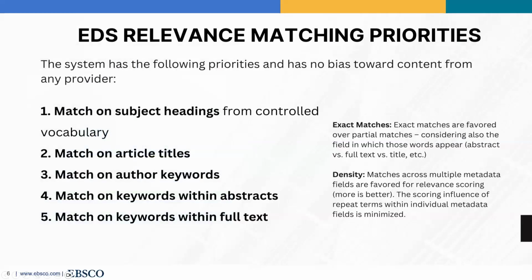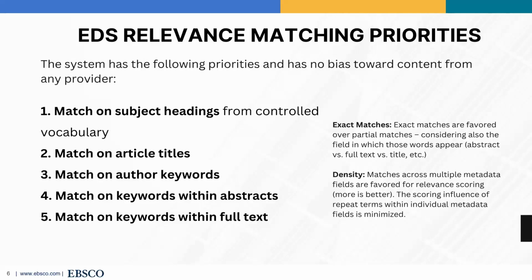One thing that sets EDS apart from other platforms or our competitors is a feature called relevance ranking. This feature runs an algorithm in the background, and this algorithm impacts how results appear on the first page of the EBSCO Discovery Service. The main thing we use in relevance ranking is called field ranking.